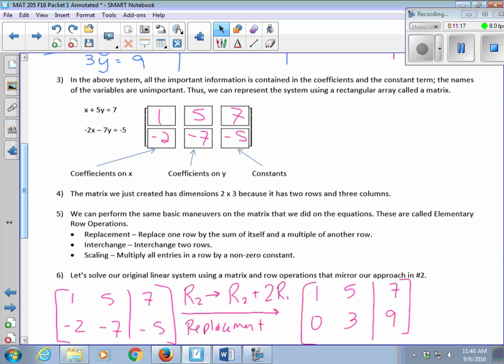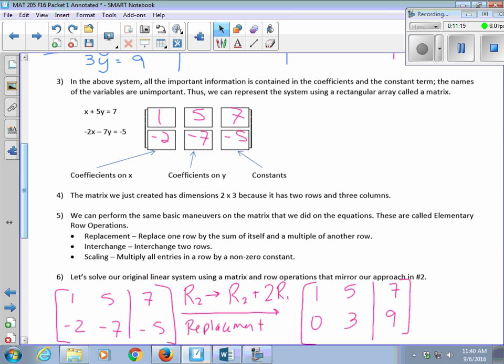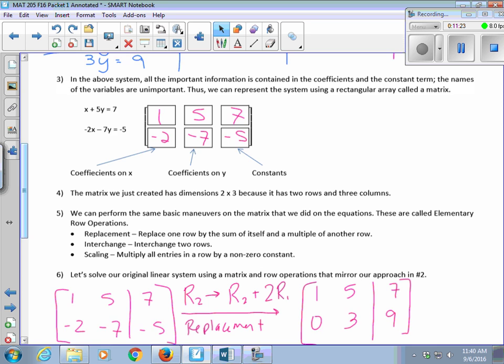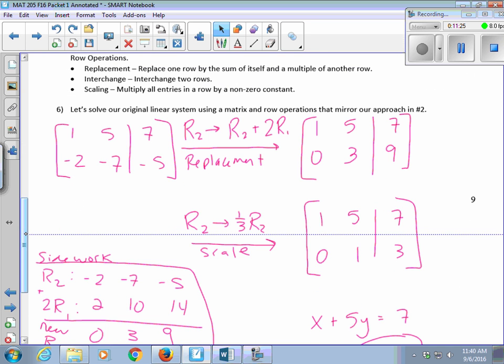I wanted to make that -2 into a 0. So in my next step, I turned that second entry into a 0. I wanted everything below that first one to be a 0. And then ultimately, you want your next entry to be a 1. Your next entry in.